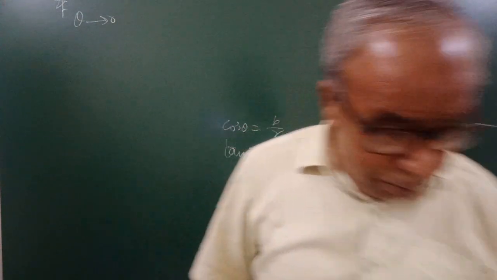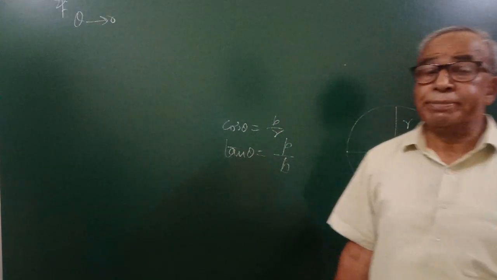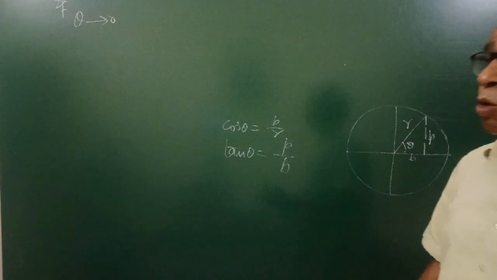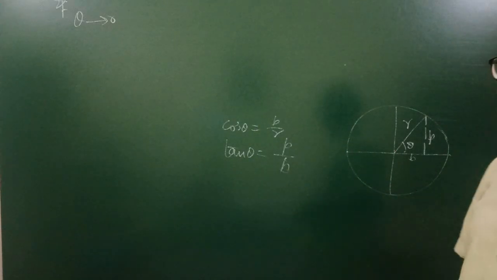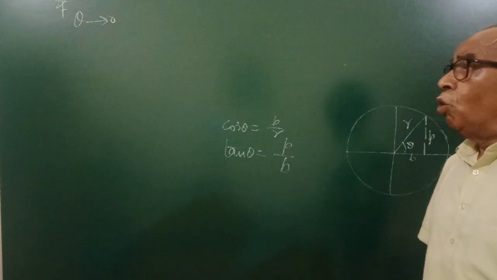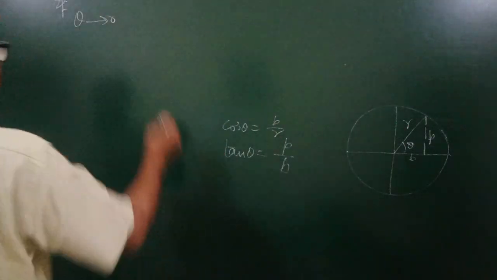I don't want to discuss this, but I am telling because of the seriousness of the matter. Theta tends to 0 means theta is a small angle. How small? This approximation will be true only up to 15 degrees, not tending to 0.